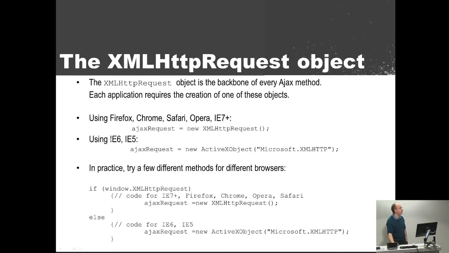If you are using one of the older browsers, you are going to use these ActiveX objects for the request. So in practice, you are going to use a piece of code like this one. Once you are running your JavaScript, it is asking which browser am I on? Oh, I'm on this browser, so I'm going to do that request, or I'm on that browser, and do that request. That way, the right request is done whatever the browser you are using, and you can just forget about it.